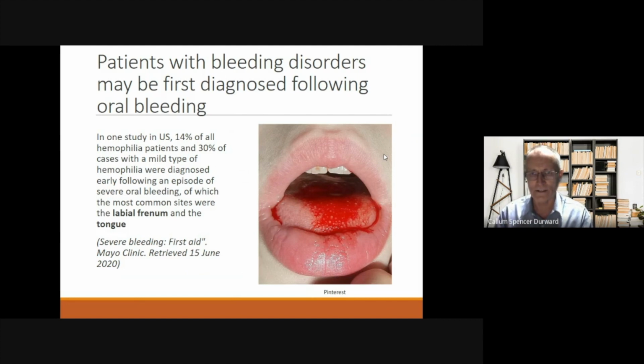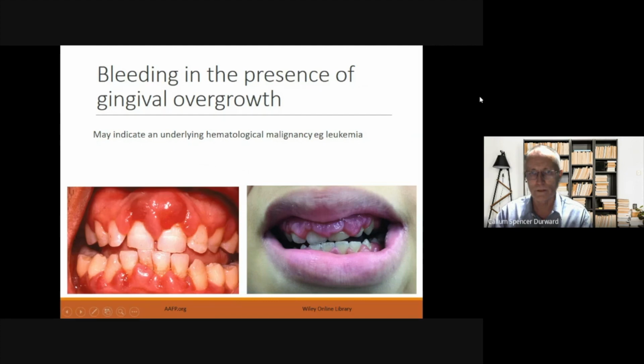So dentists are in a good position to identify some of these patients. Bleeding in the presence of gingival overgrowth may indicate an underlying hematological malignancy, such as leukemia.